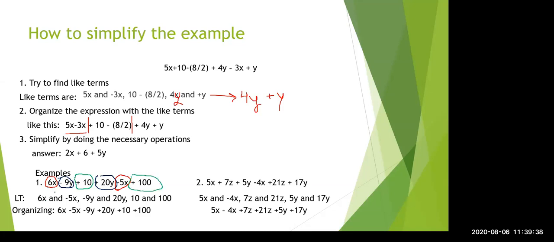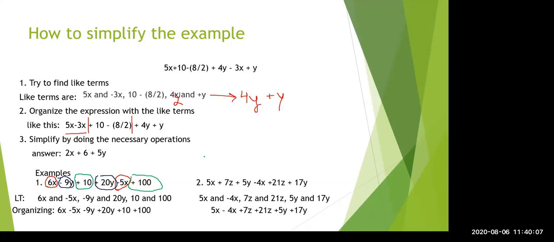So first you have the x's, 6x and negative 5x, because both of them have an x. Then in the second part, it's negative 9y and 20y, and both of these have y in them. And in the third group is 10 plus 100, because both of them are constants.